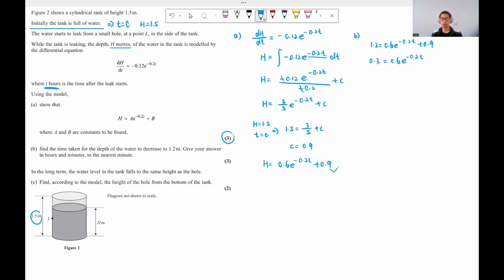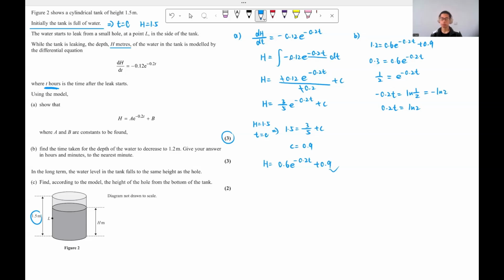And then divide by 0.6. So 0.3 divided by 0.6 is just equal to 1/2. So 1/2 equals e to the power negative 0.2t. That means negative 0.2t is equal to ln of 1/2. So 0.2t should be the same as ln 2, because ln 1/2 is the negative of ln 2.